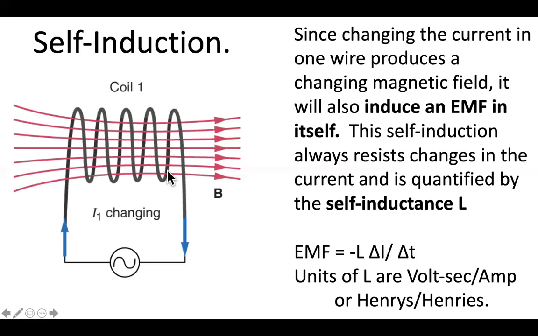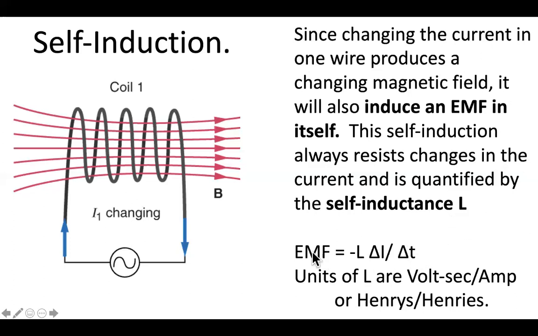You produce an electromotive force that tries to drive the charges around this loop. And how well it does that is quantified in terms of a quantity called the self-inductance, or usually just the inductance, and is designated with this letter L.